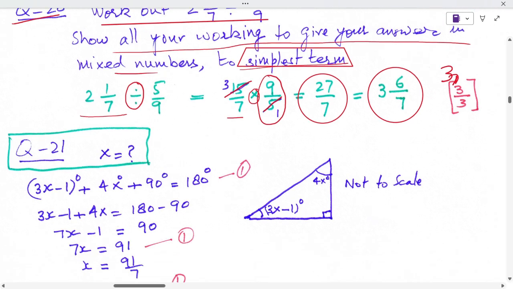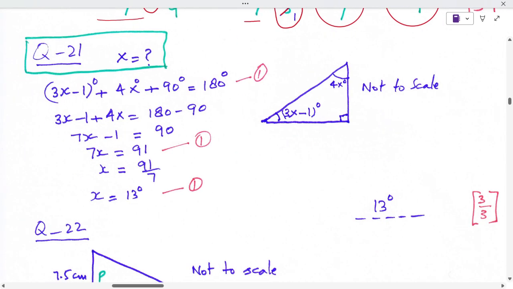Question number 21 is about geometry, a right angle triangle, and 2 angles are given, and it is a right angle triangle. That means there is a 90-degree angle, and it has asked the value of x in degrees. So we know that the total of degrees in a right angle triangle or in any triangle is 180 degrees.